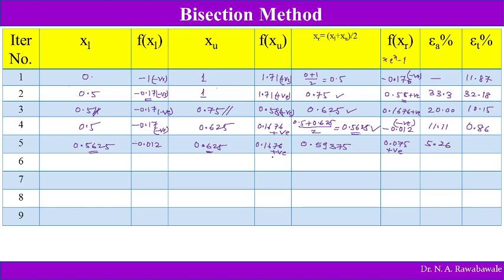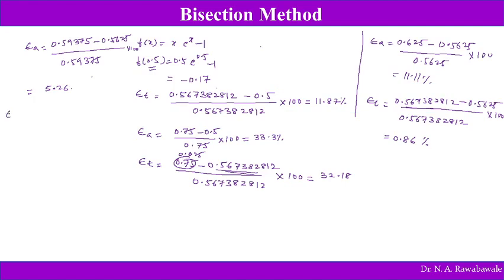Now true error we have to find out. 0.59375 is new approximation. So true error is equal to, so true value is 0.567. Therefore new approximation we take 0.59375 minus true value 0.567382812, divided by true value 0.567382812 into 100.